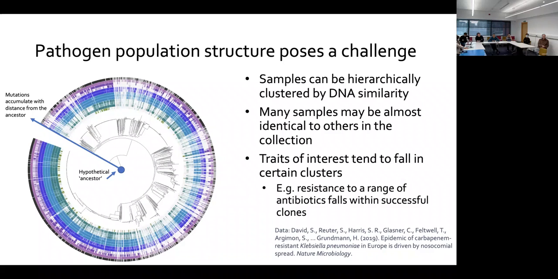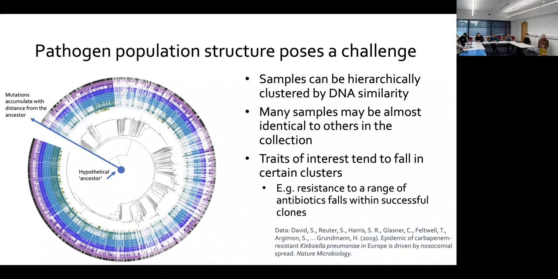We also find that traits that we're really interested in tend to cluster within this hierarchical clustering. Here with our clinical isolates, all of these rings around our tree represent resistance to different antibiotics. The different colors indicate different drug classes. And you can see where we've got these flat parts of the tree, we tend to have dark colors across all of our concentric rings.